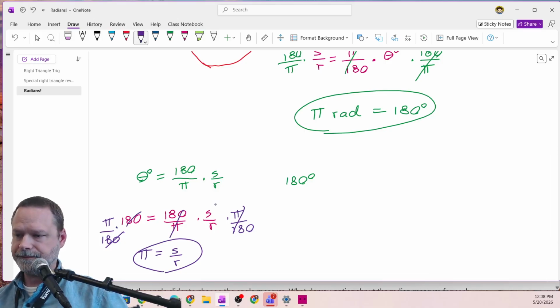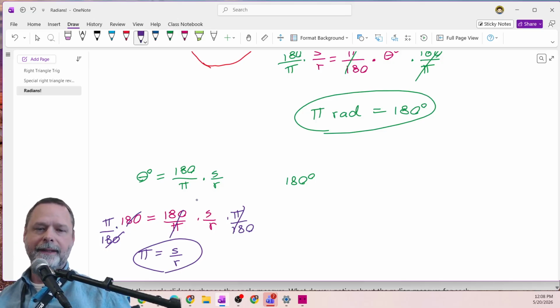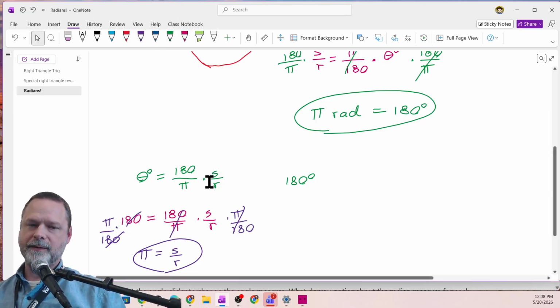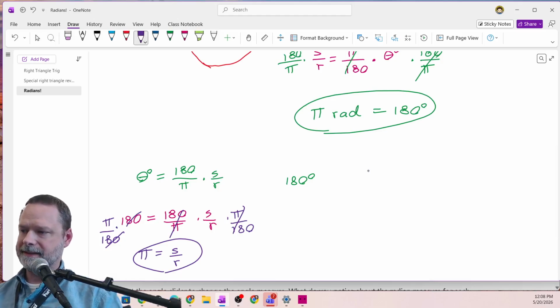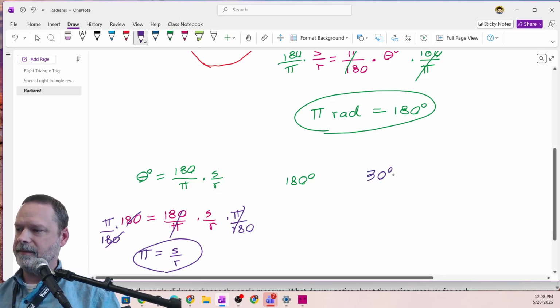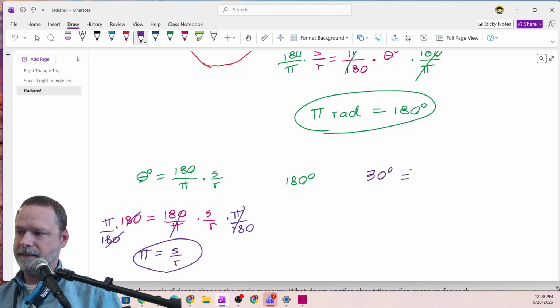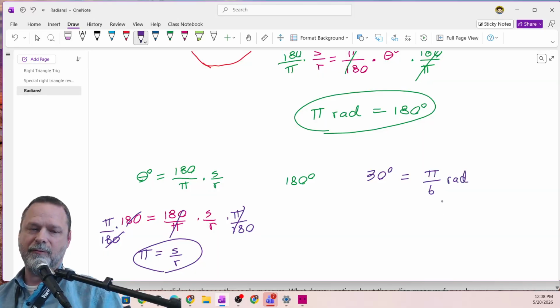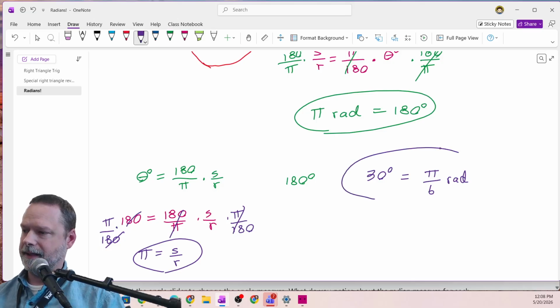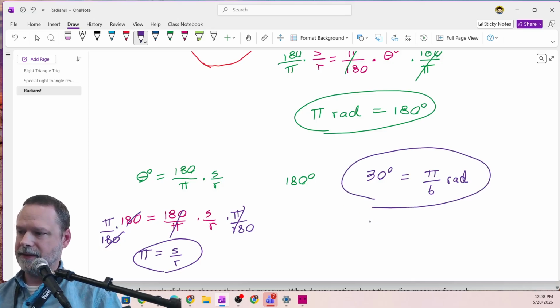Great. We can go back and forth. Piece of cake. I just want to give you that idea. If we want to extend this out, some important ones we like, 30 degrees. Times pi over 180. 30 over 180 is 1/6, so times pi, it's pi over 6 radians, and we like just rad. 30 degrees comes up a lot. 60 degrees comes up a lot.